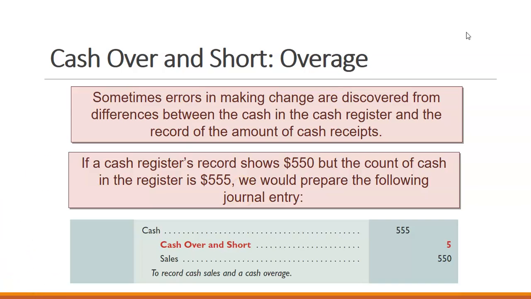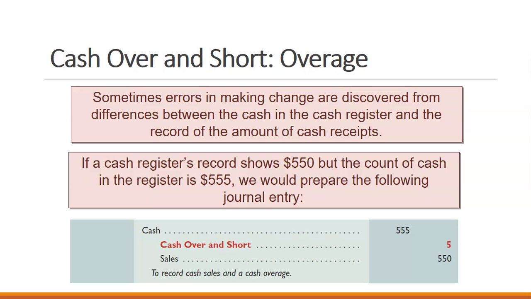So in this example, we have that the cash register's record shows $550, but the count in the cash register is $555. So we would show that we have cash over and short and record that there is a cash overage in this instance.